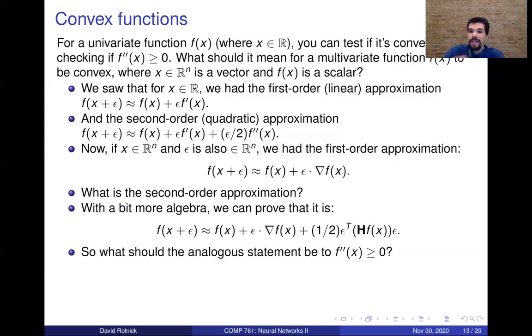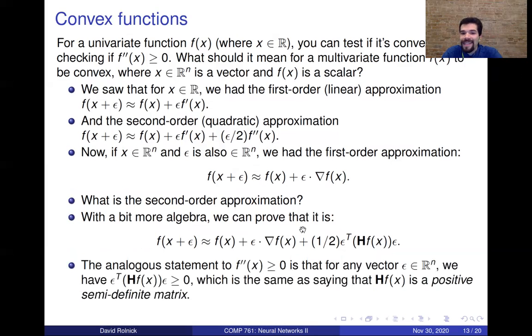I remember people at the start were saying the Hessian has to be positive semi-definite. So yes, and why is that? Well, because remember from a past p-set that a matrix is positive semi-definite if every quadratic form with respect to it is non-negative.